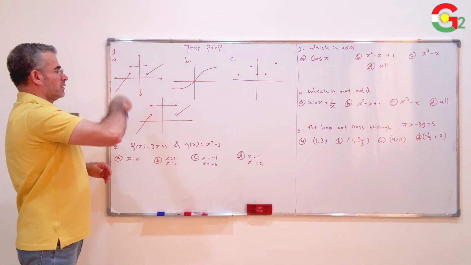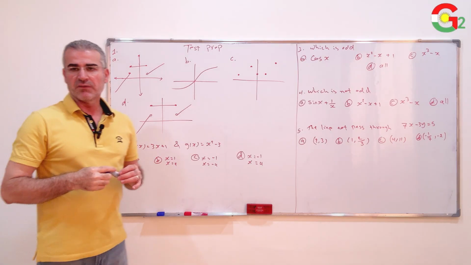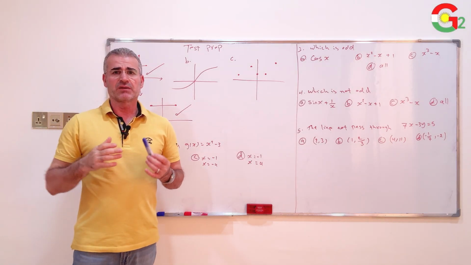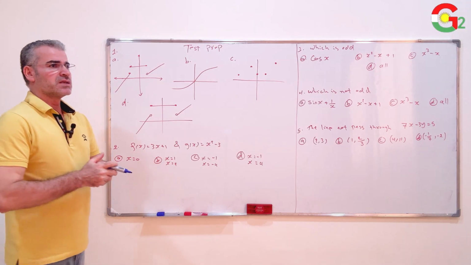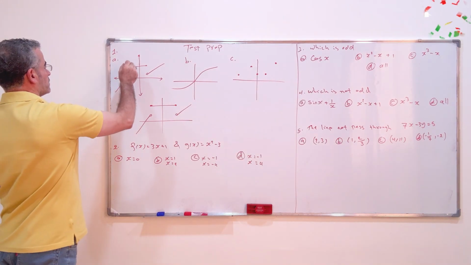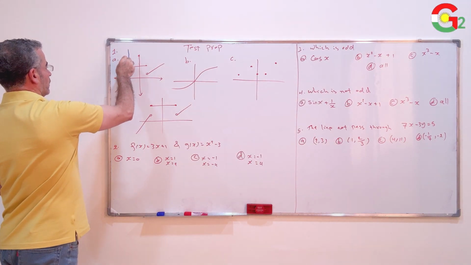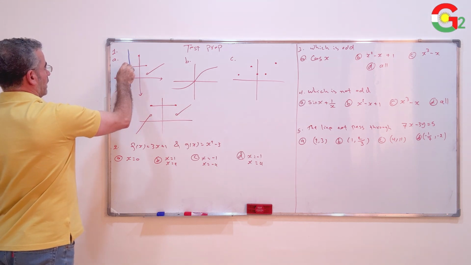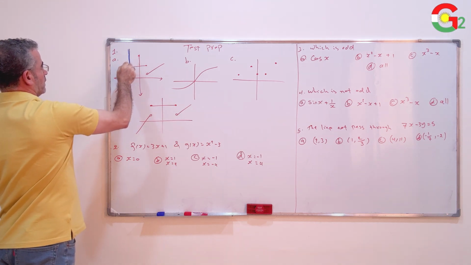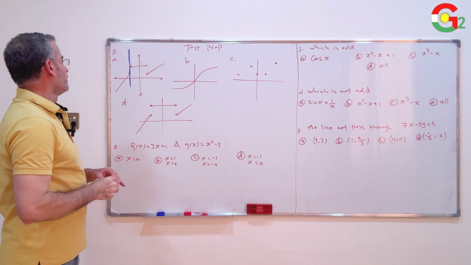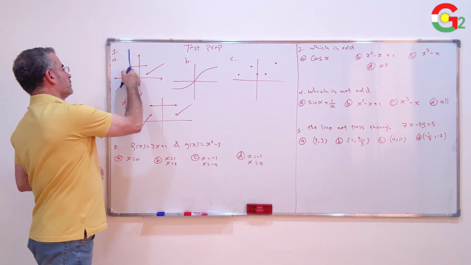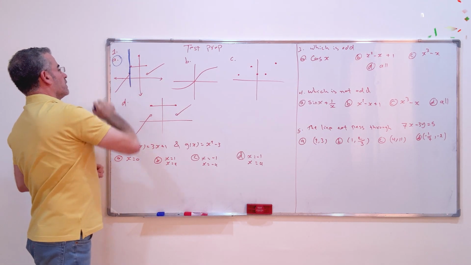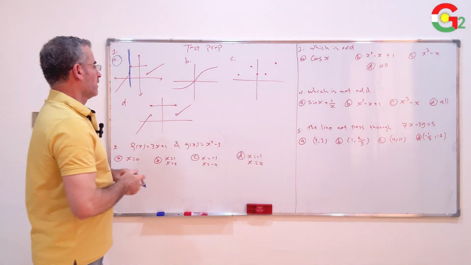If we draw a vertical line, and this vertical line intersects the graph at more than one point, then this graph is not a function. As you see, if I draw a vertical line here, it intersects the graph of this function at 2 points, then this graph does not represent a function.